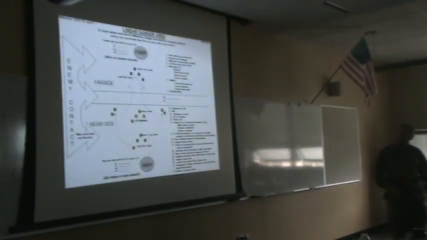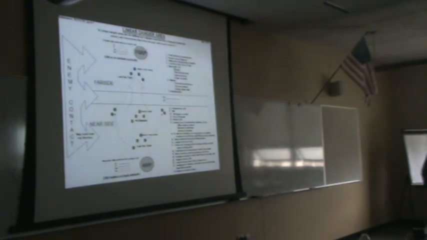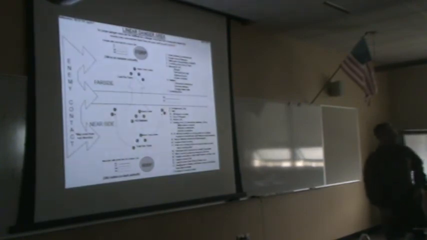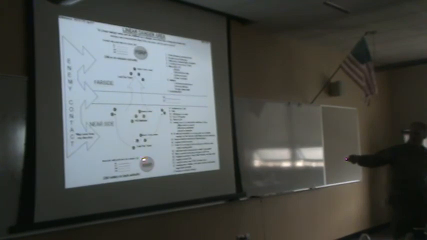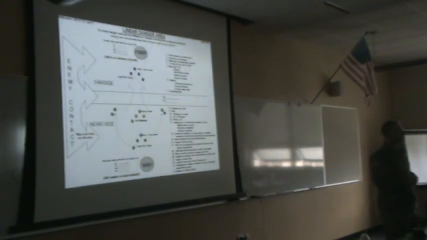So, last thing that we need to understand is, again, whether the LDA is known or unknown. If it's known, then you should have planned rally points. You should have a planned crossing site. And maybe you should incorporate some type of coverage with artillery or close air support.